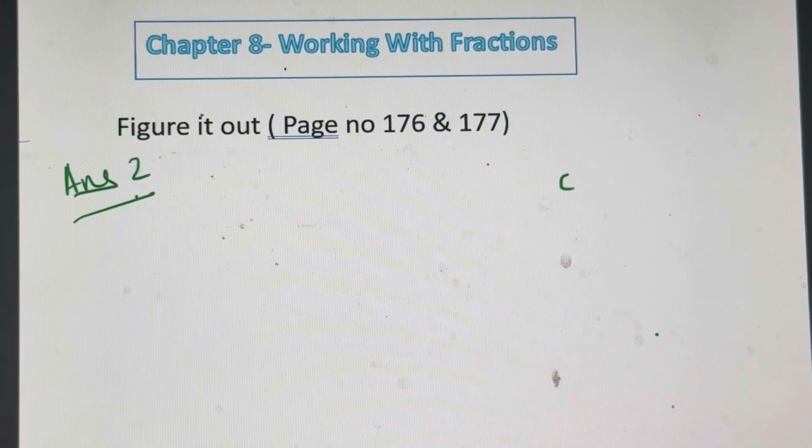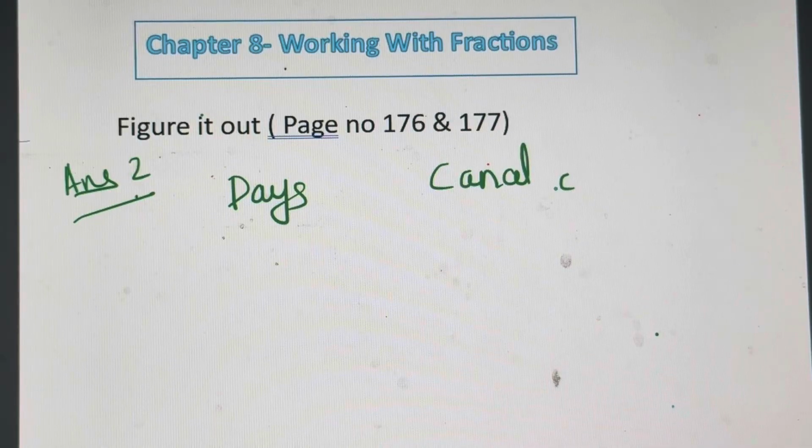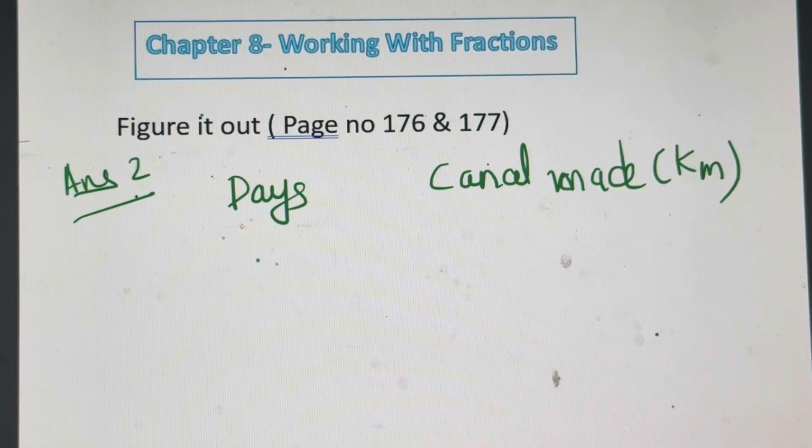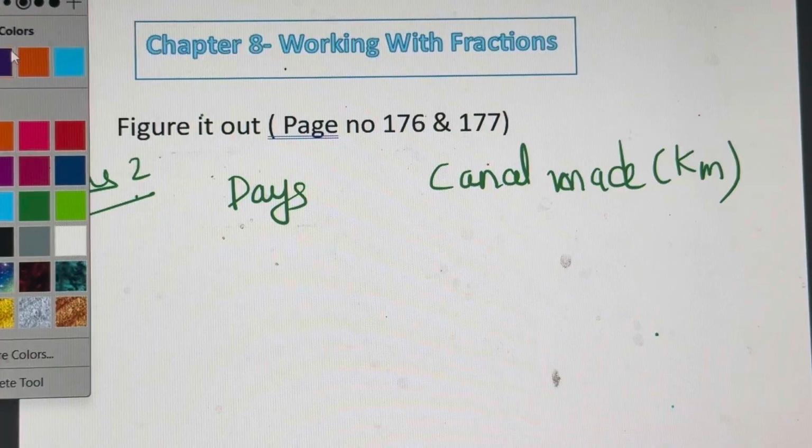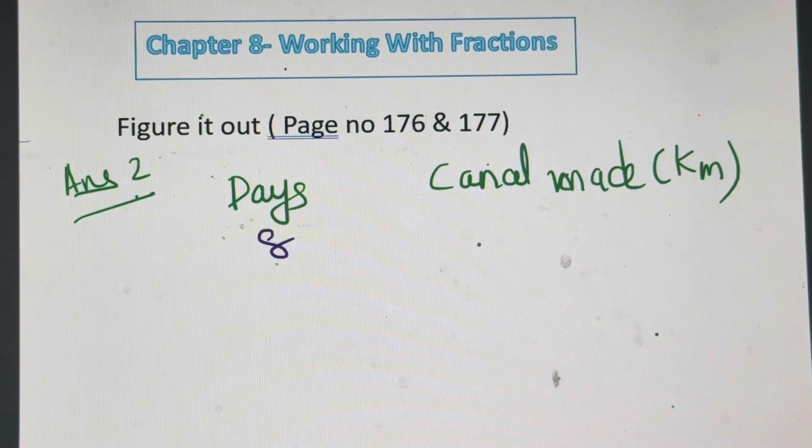So here we use the keyword method. So the keywords are days, number of days, and canal made, which is in kilometers. Right, so what was given? A team of workers can make 1 kilometer canal in 8 days. 8 days, 1 kilometer, and they have asked for 1 day. So 1 day, how much?